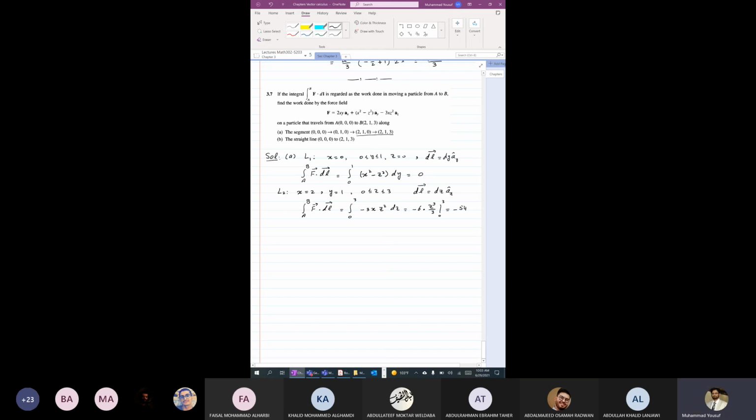Look at it and tell me if some step is not clear. Doctor, for the step when you write minus 3x z squared, what happened to the remaining parts of F?